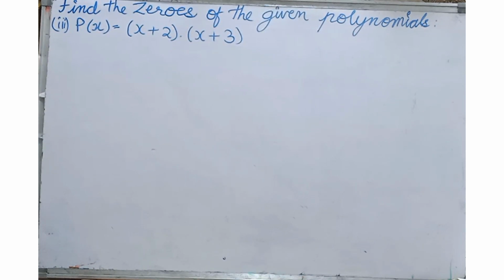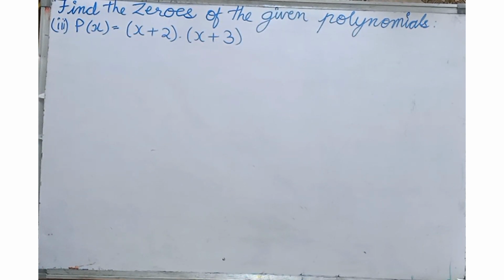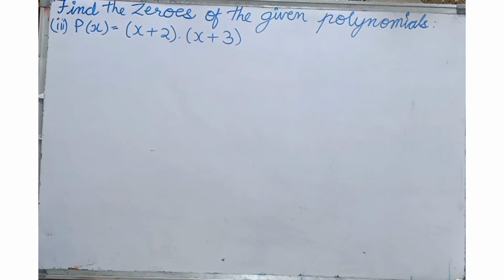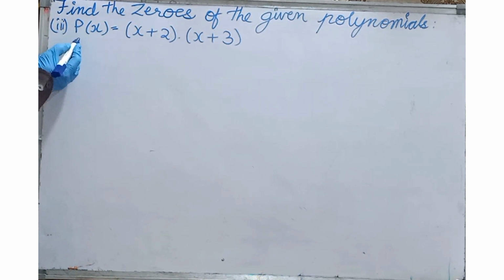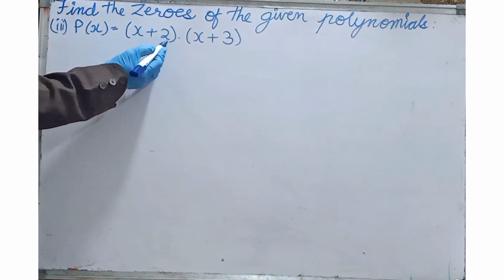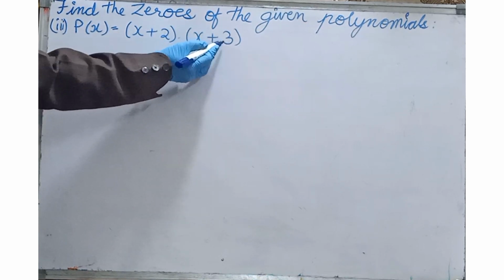Do the second bit after the third and fourth bit, as it is very important and a little difficult. I'll show you later. First we'll do the third bit now. Here the polynomial is given as p of x equal to x plus 2 into x plus 3.